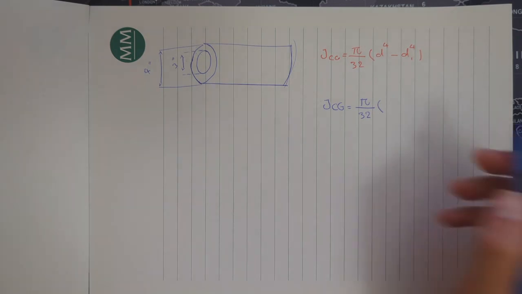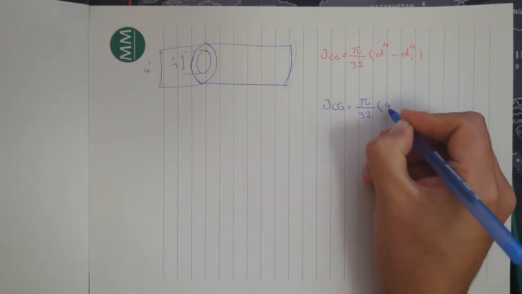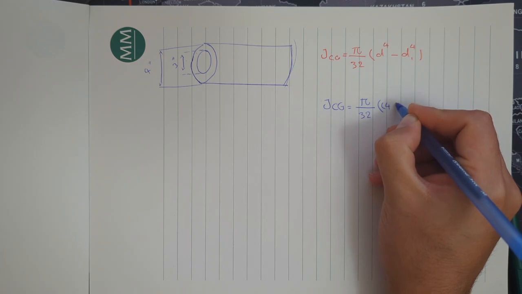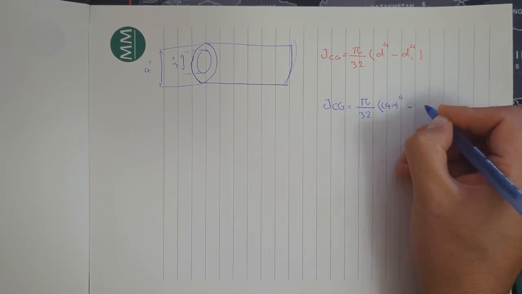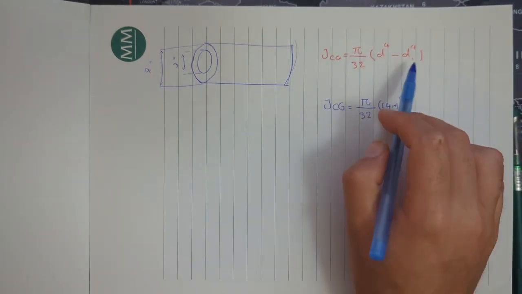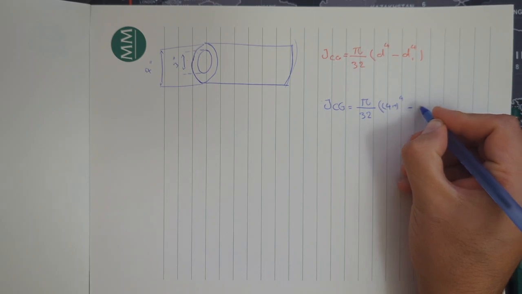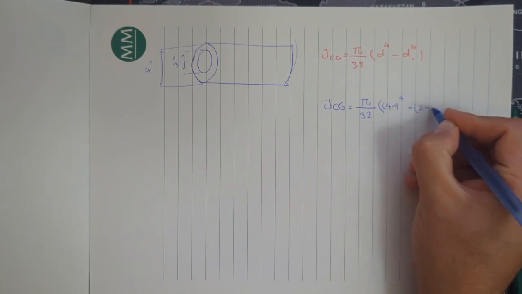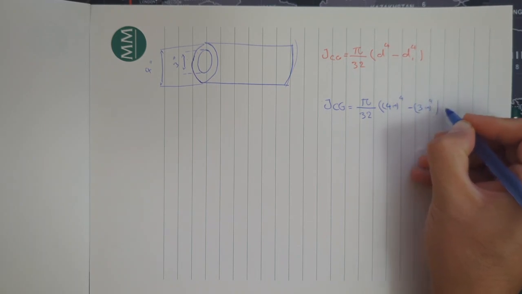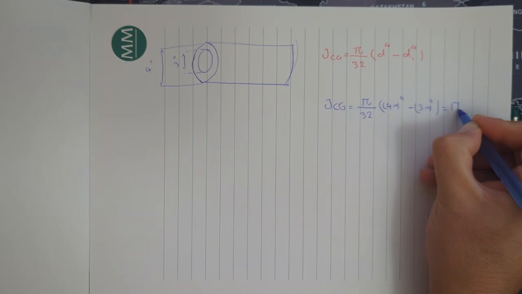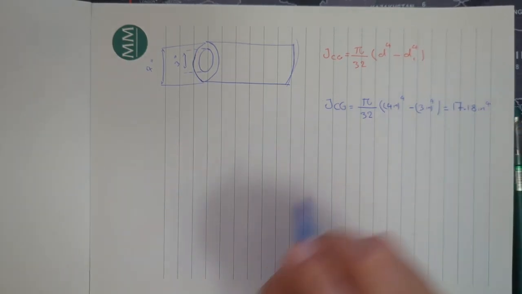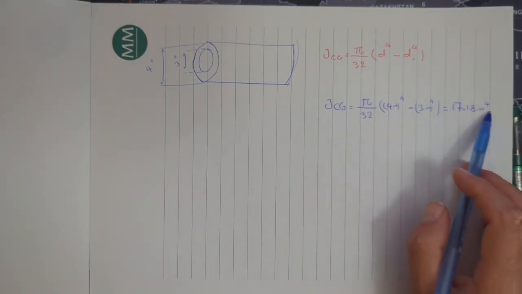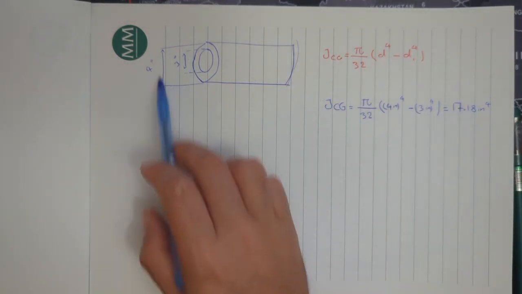The outside diameter is 4 inch, to the 4, minus the inside diameter d1, which is 3 inch to the 4, and the answer is 17.18 inch to the 4. So this is the polar moment of inertia for this shaft.